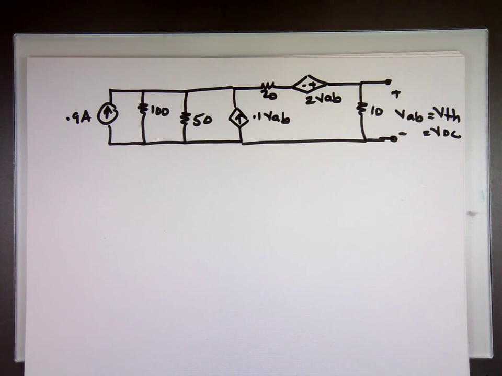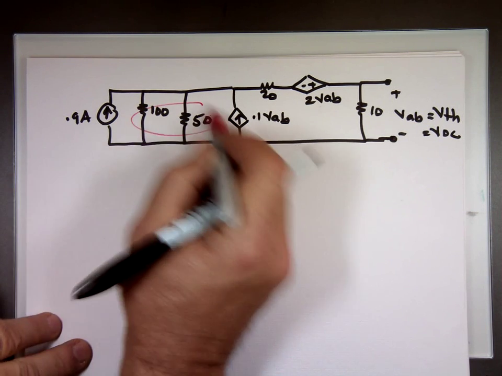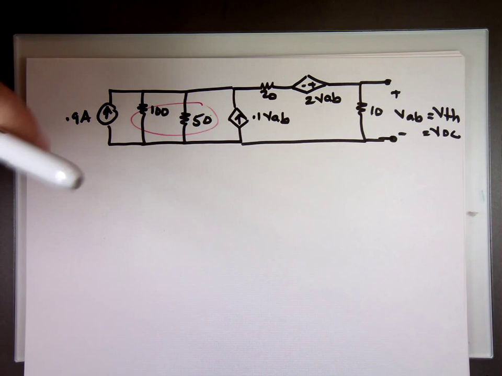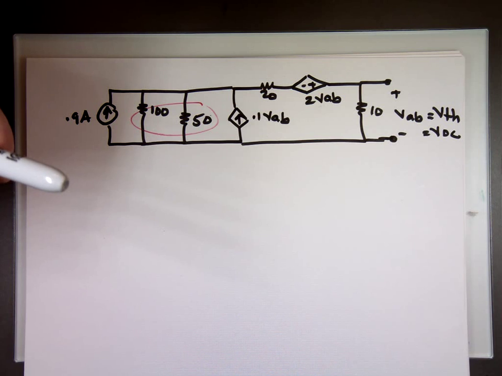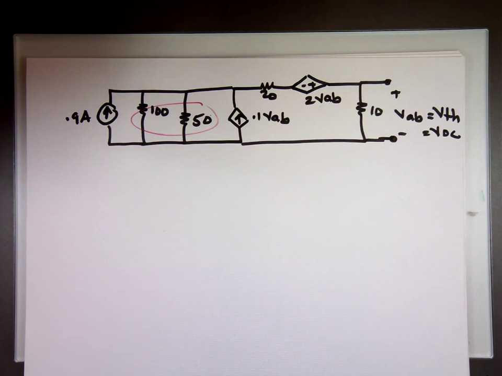I can take these two resistors in parallel, the product over the sum: 50 times 100 divided by 150, 33.3.